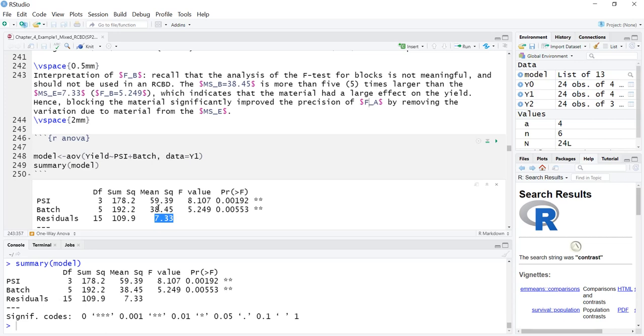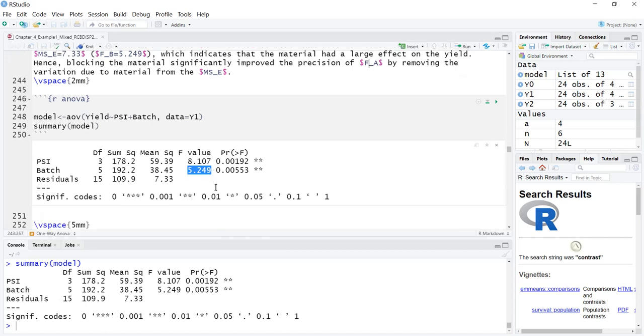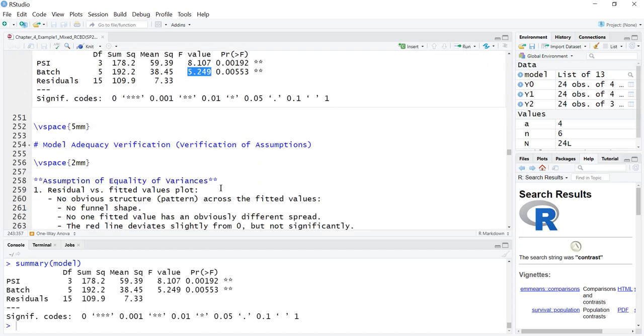Okay, so if this was like 0.45 compared to 733, and this value here is way less than 1, then I'd say, yeah, blocking didn't do anything to help us here. Okay, there's not much variation due to material. Okay, I hope that helps explain that.